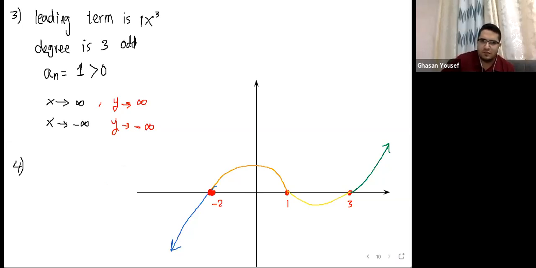Any questions? Any questions for this example? So you have to check the sign.